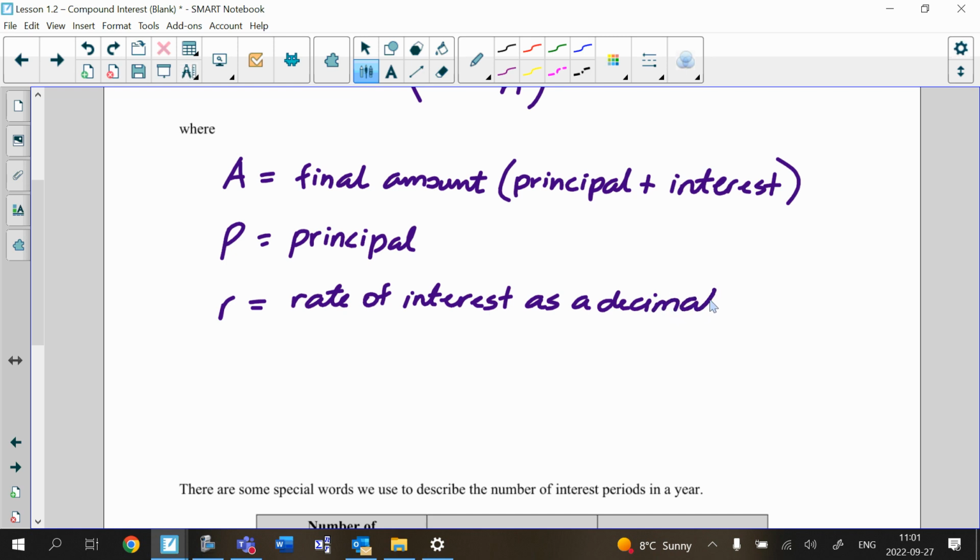That is the number of interest periods in a year. And we'll see below what those mean. And finally, T is the length of time in years.